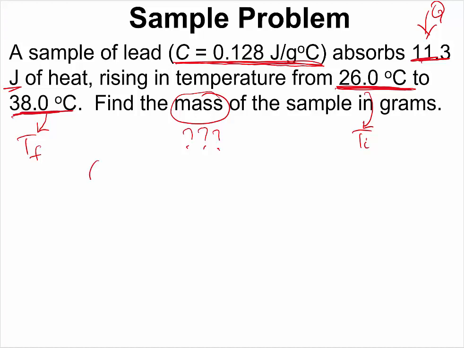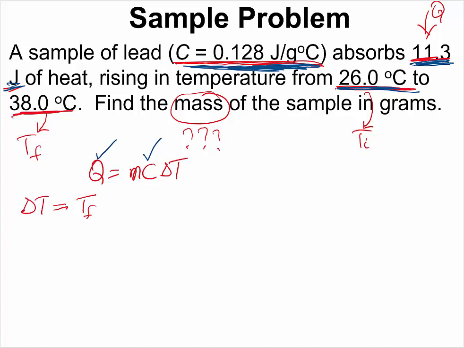So we know that Q is equal to mc delta T. We know the quantity of heat, that is 11.3 joules. We know the specific heat capacity, that is 0.128 joules per gram per degree Celsius, and we can easily find the change in temperature because delta T will be equal to the final temperature minus the initial temperature.